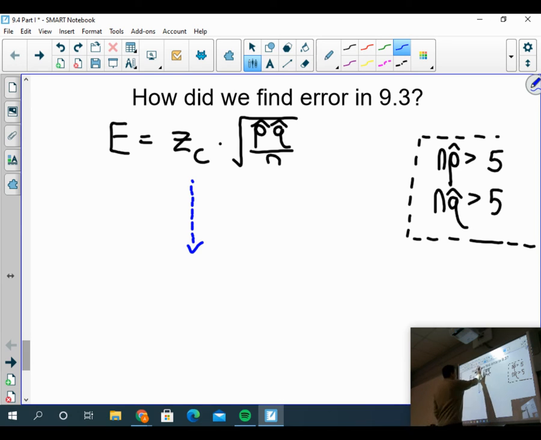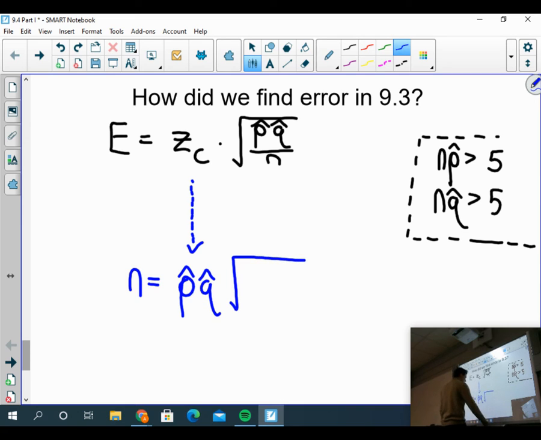But if we want to isolate n, because we're trying to find our sample size, it turns out the formula, after applying algebra to the formula we already know for error with confidence intervals for proportions, is that n equals p hat times q hat times z of c divided by e, squared.